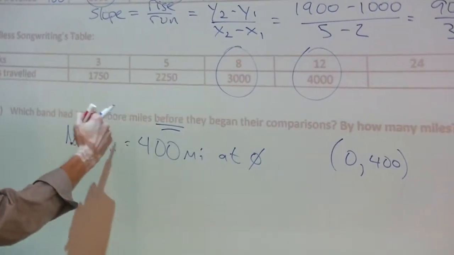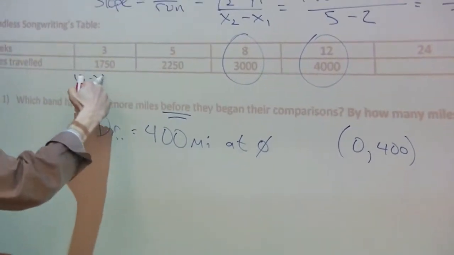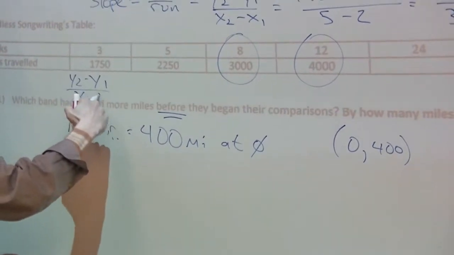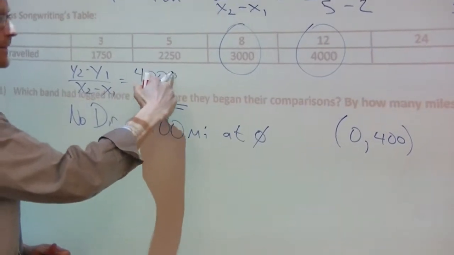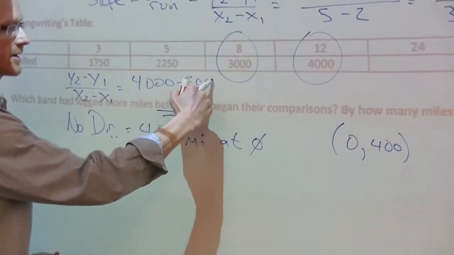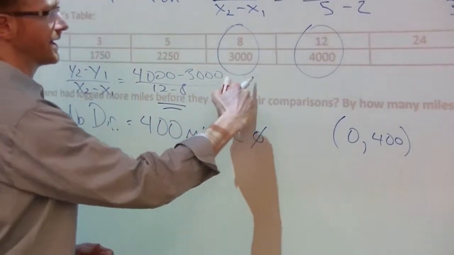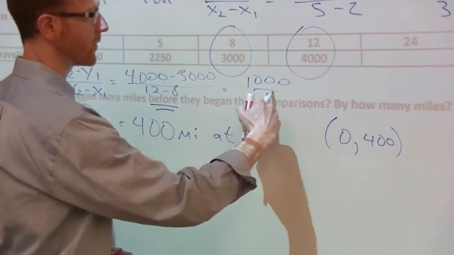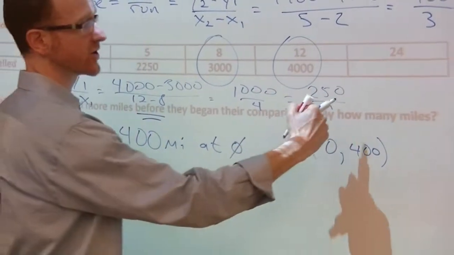So over here now we have the slope is rise over run. y2 minus y1 over x2 minus x1. And I know that I have now 4,000 minus 3,000 over 12 minus 8. I have 1,000 over 4, so I have 250 over 1.